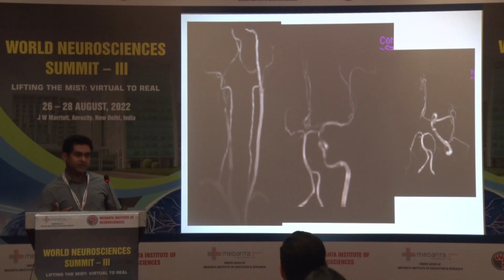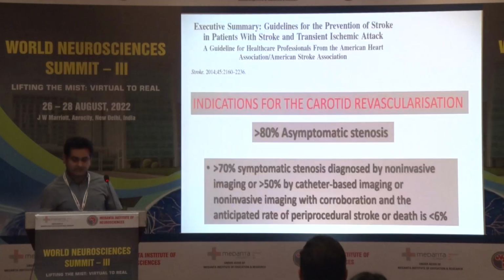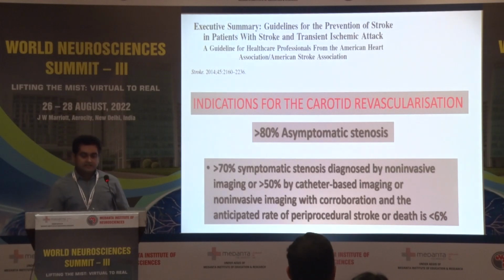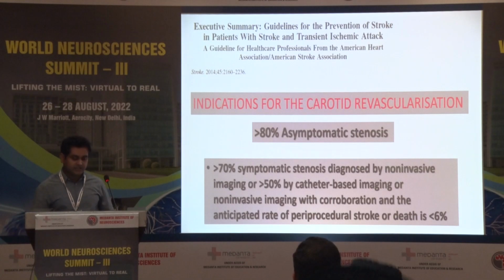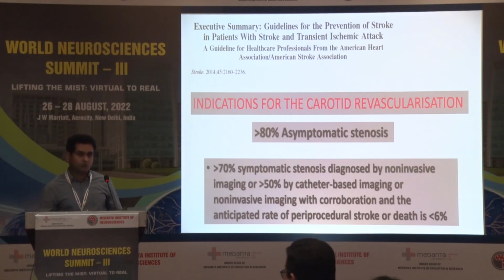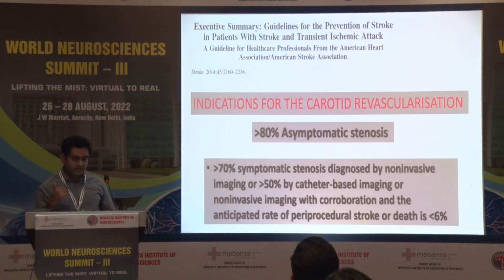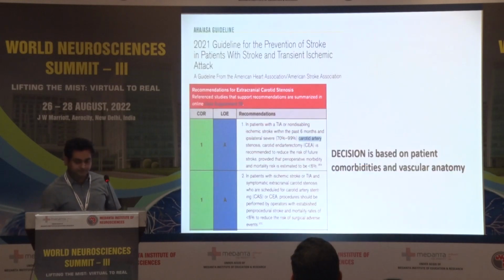It is better to be very aggressive in dealing with these kinds of lesions. These are the guidelines established in 2014 by the AHA, which say that asymptomatic stenosis of more than 80% should be treated, and in symptomatic stenosis, if it is more than 50% on DSA, it should be treated aggressively.